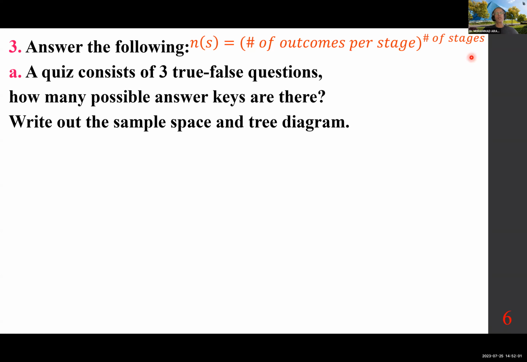So in this case, true false gives us how many possible solutions? Only 2. There are 3 questions. That is the number of stages in essence. So 2 cubed or 8.